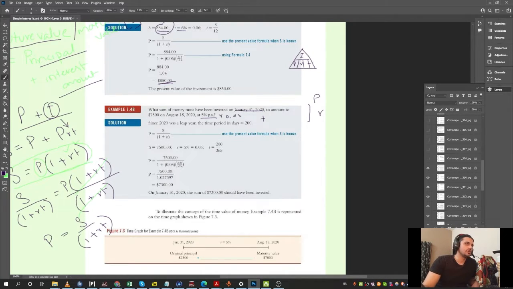So when you add all that, you end up at 200, because 2020 is a leap year, so February equals 29 days. So in other words, February equals 29, March equals 31, April equals 30, May equals 31, June equals 30, July equals 31, and August equals 17, right?